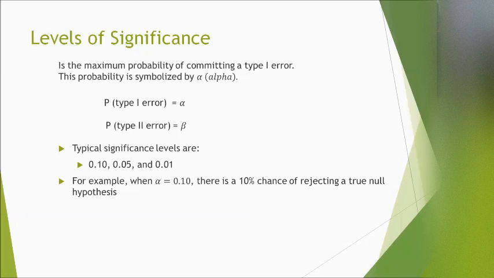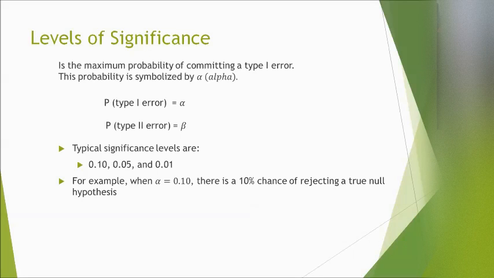So we also have the levels of significance. Level of significance is the maximum probability of committing a type 1 error. The probability is symbolized by the alpha symbol. So if it is a type 1 error, you use the alpha symbol. If it is a type 2 error, we use the beta symbol.